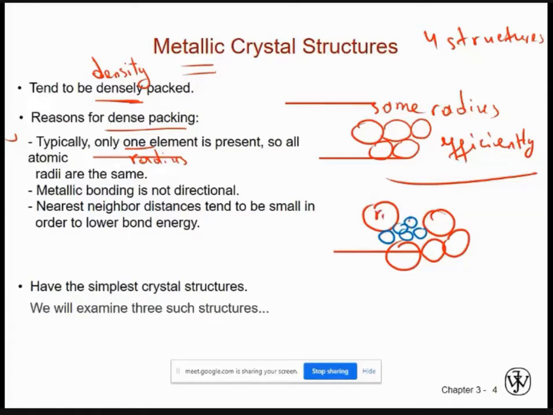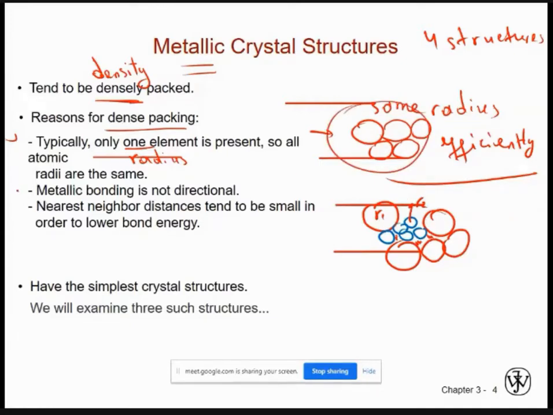This will have radius 1, this will be radius 2. Because I have two different radiuses, when I pack them, I have more empty spaces compared with this one. So if I have more than one element, less dense packing. If I have one kind of element, more dense packing. And metals have this kind of structure.